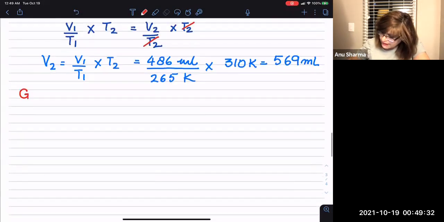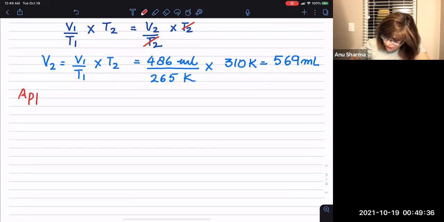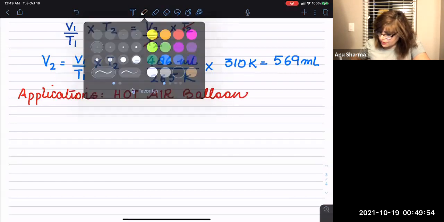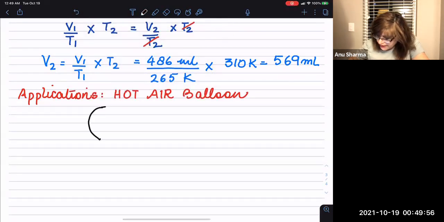Oh, sorry, what are the applications? We've got the applications here. Applications of Charles law: the application of Charles law is in hot air balloons. So in a hot air balloon, what happens? You have this hot air balloon and a gas burning at the bottom, generally hydrogen or some other gas.